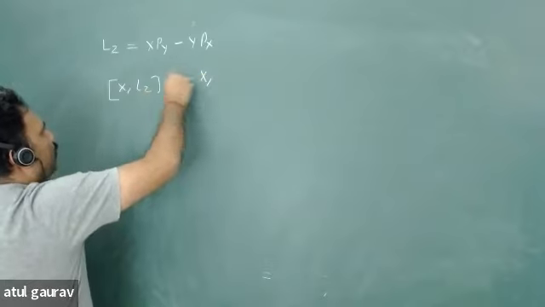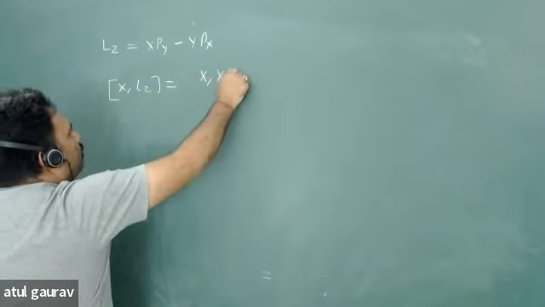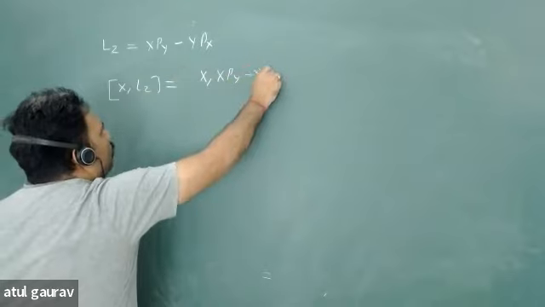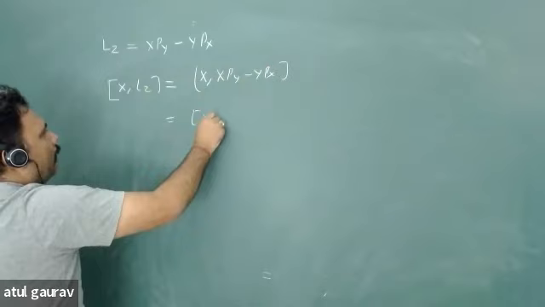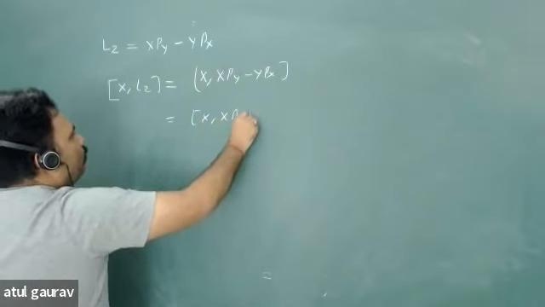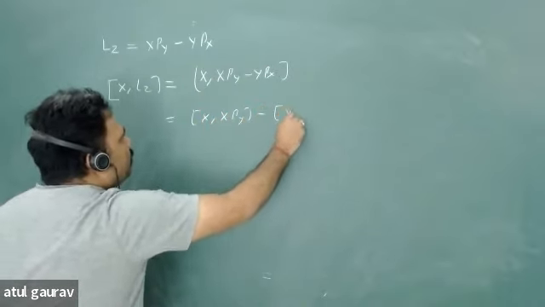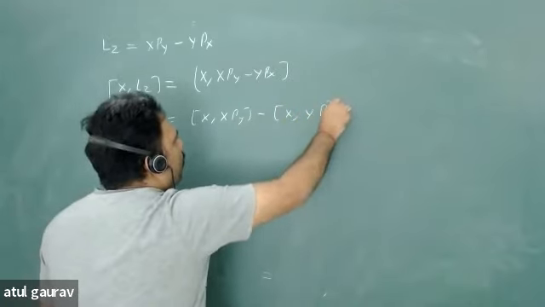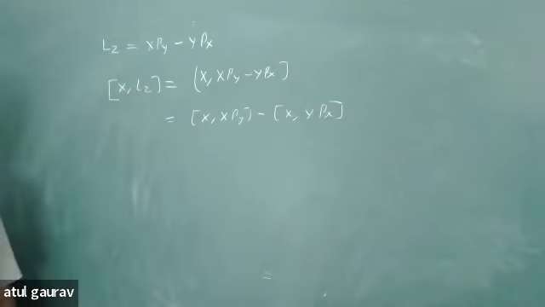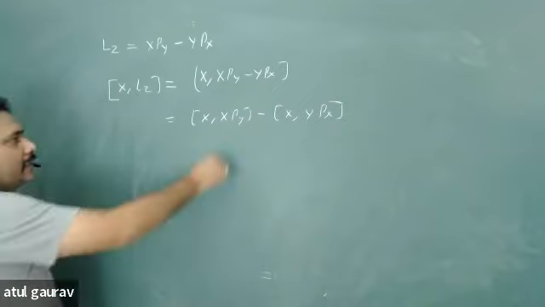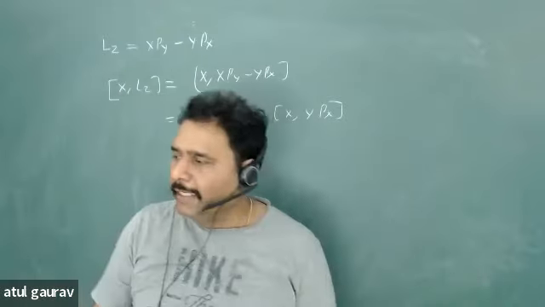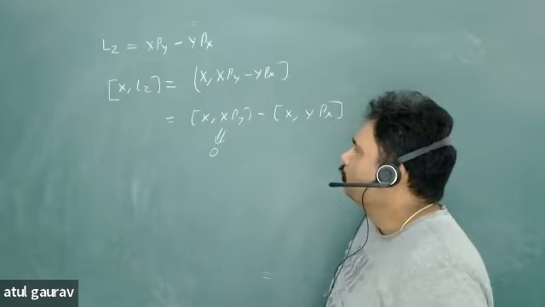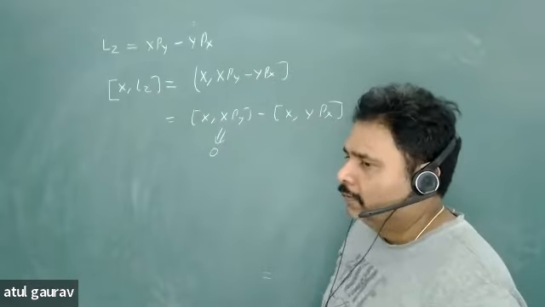So what will we write for x, Lz? x with (x py minus y px), and this can be written as x with x py, minus x with y px. Okay, everyone is comfortable? And can I say this part is 0 directly, without any calculation? Yes, sir. Why?